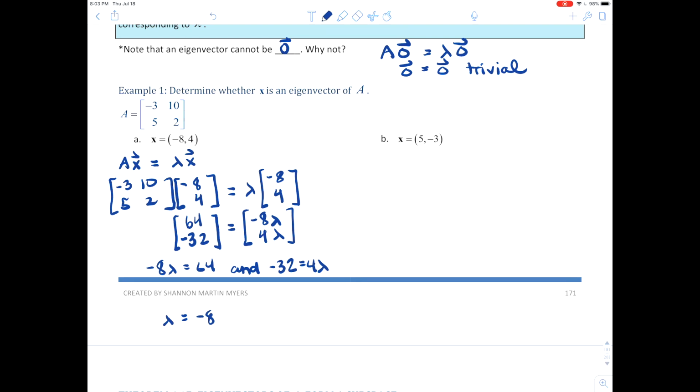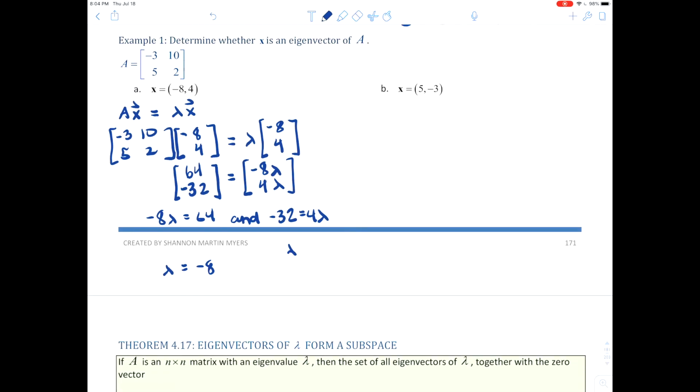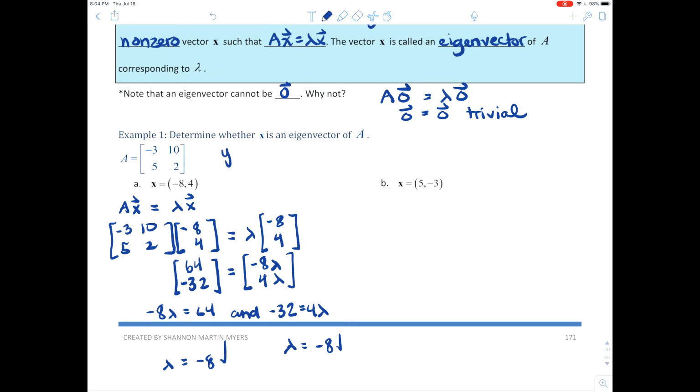And on the second equation, sorry, I switched them around, but we would have lambda is equal to -8 as well. So they're the same. We would say yes. And lambda would equal -8.